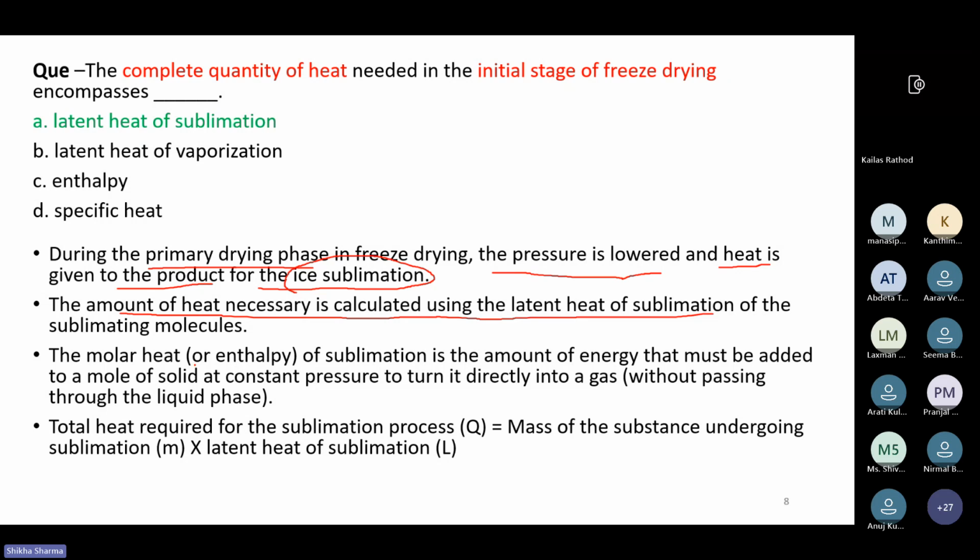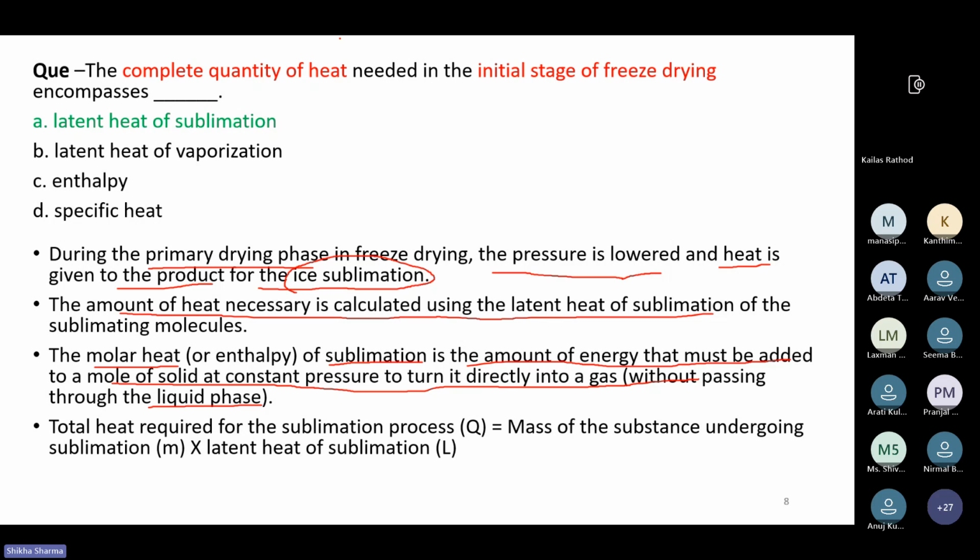If someone is confused, just for the information, though I know you all know, the molar heat or enthalpy of sublimation is the amount of energy that must be added to a mole of the solid at constant pressure to turn it directly into gas without passing through the liquid phase.